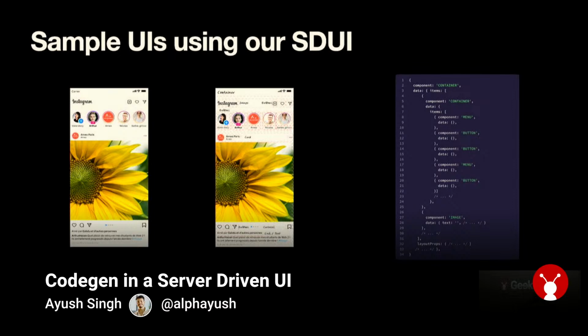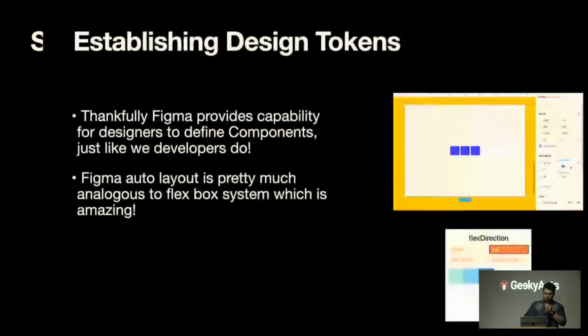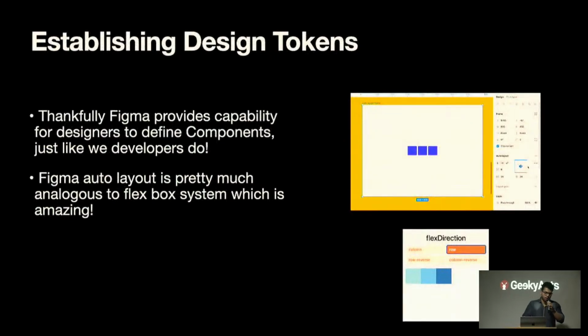So I just wanted to prove to you that you can build this UI on the fly using server-driven UI. In fact, that's how I believe Meta is also doing this. So yeah, we have established that server-driven UI is powerful. Let's look at the design part of things because we want to bridge that gap.